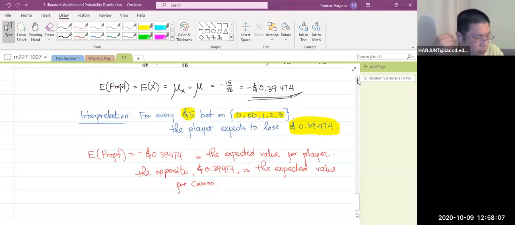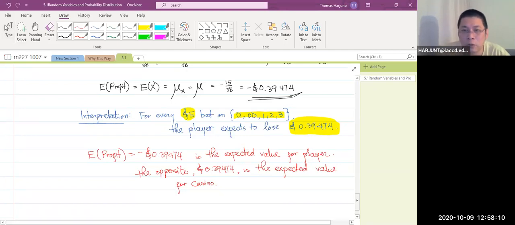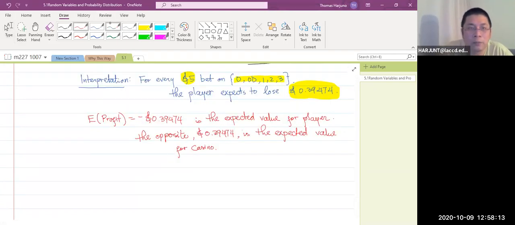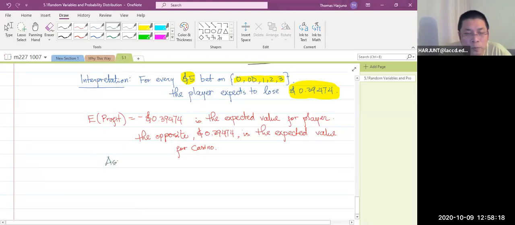If I go on further, you don't need to know this right now, but if you are interested in doing business, then assume 6 players play the roulette game at the same time, each with a $5 minimum bet.